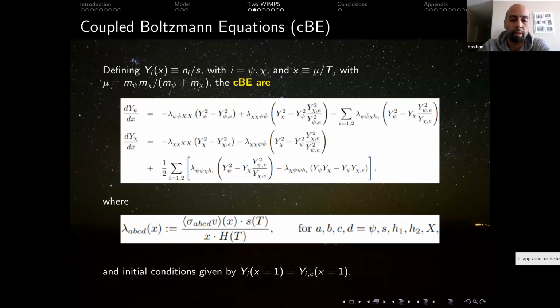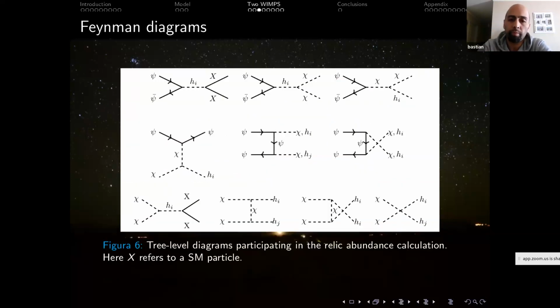For instance, in the next slide, Antonio, you see the possible 3-level interactions between the dark sector and the standard model sector and the two Higgses. There are many processes here.